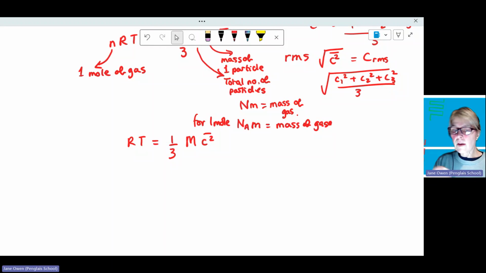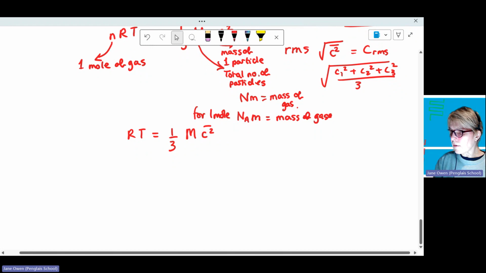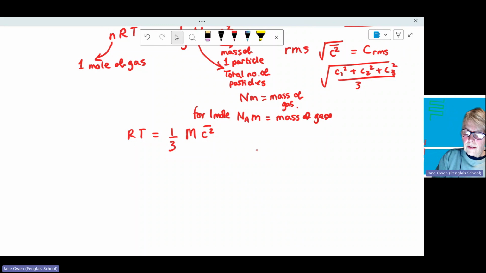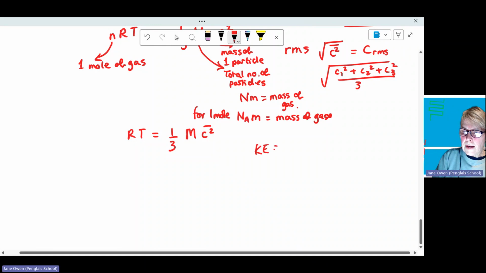I'm sure we can get a kinetic energy involved there, because the kinetic energy of the gas is given by a half M mean square speed, and that kinetic energy is represented by U, the internal energy of a gas.